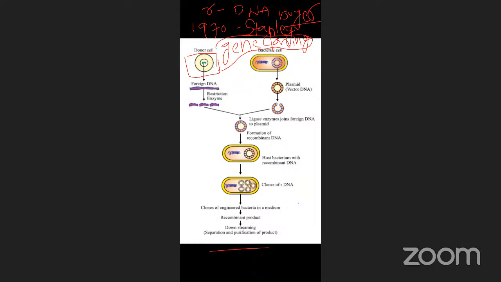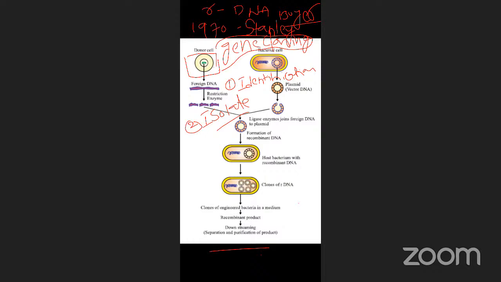Second, after identification, isolation of the desired gene. We have to isolate the desired gene from the donor cell. Next, this isolated gene is injected into an appropriate vector.